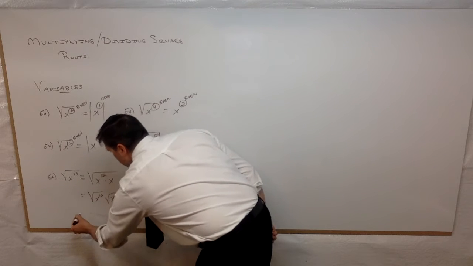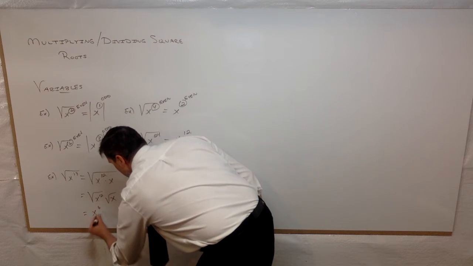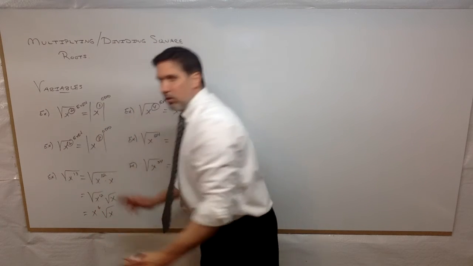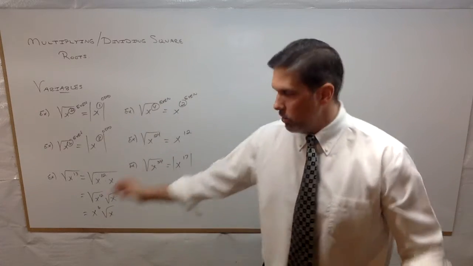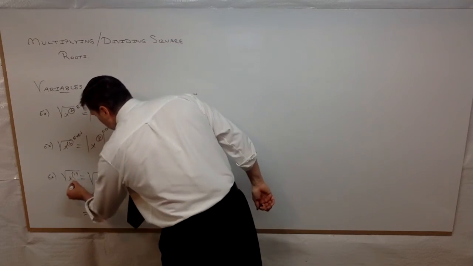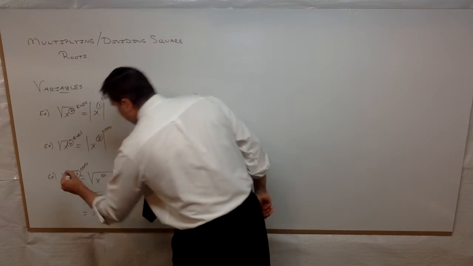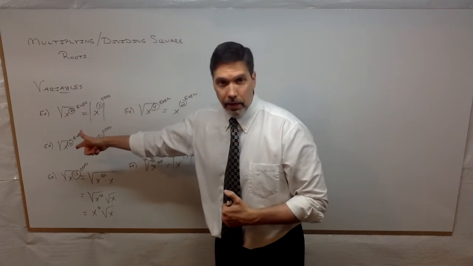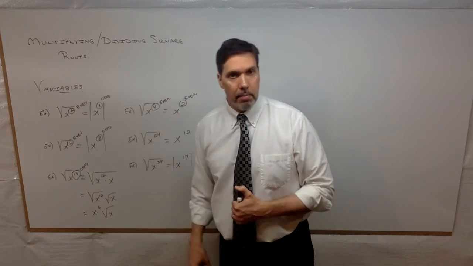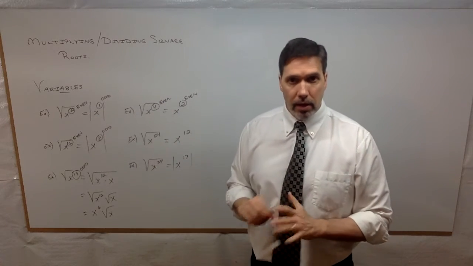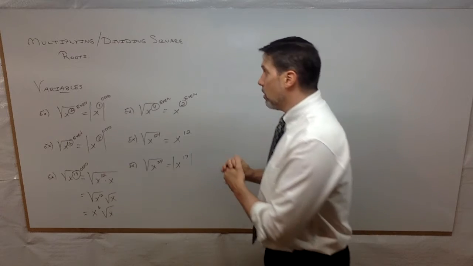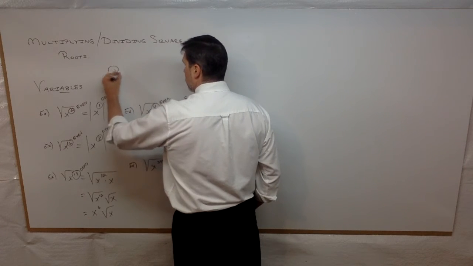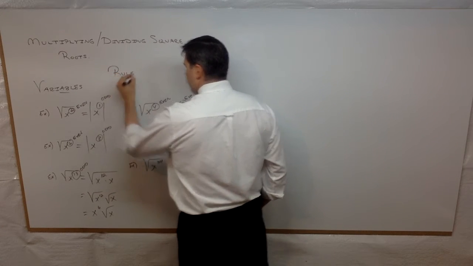The square root of x to the 12th is x to the 6th, times the square root of x. You don't worry about absolute value if your radicand power starts off odd. The only time you have to worry is if your radicand power starts off even and the result is an odd power. That's the only time we ever use an absolute value. So you can make a general rule for these.